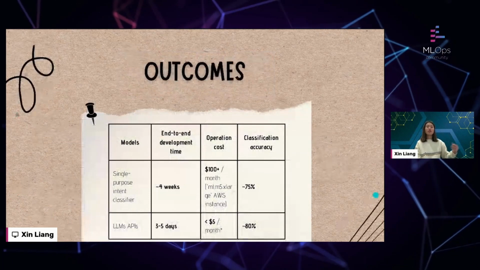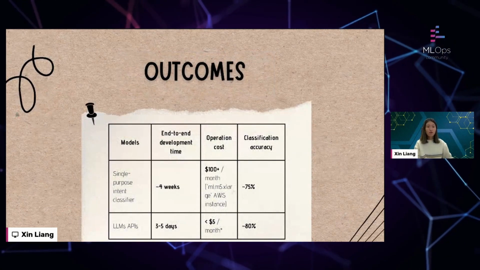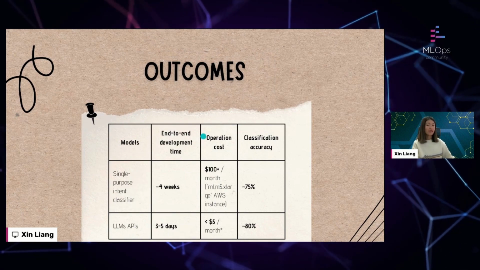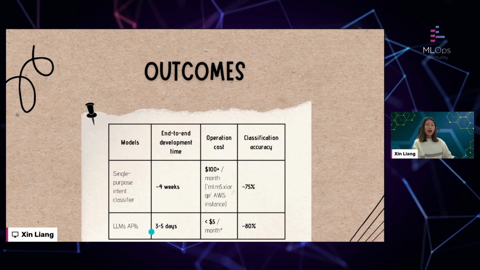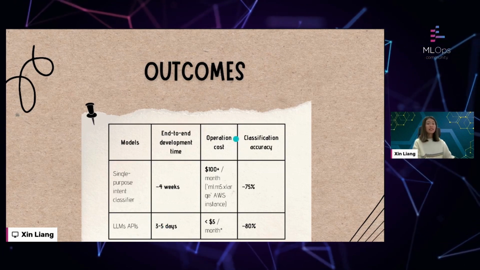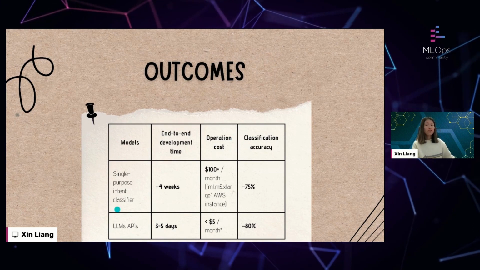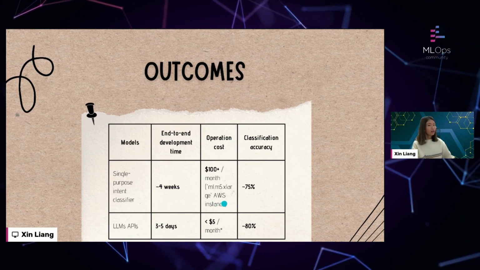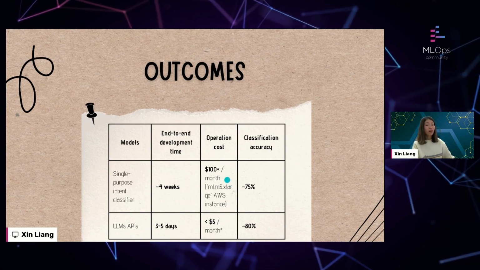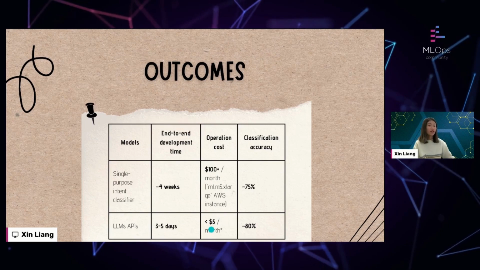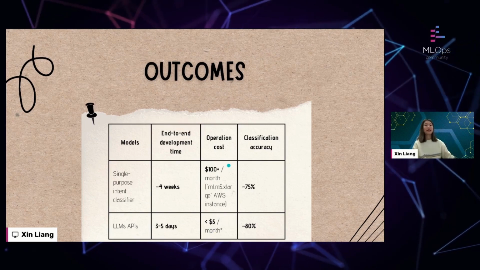And this is the overview of the operational effort for both approaches. For the single purpose intent classifier, end-to-end development time is 4 weeks, and that of LLM's APIs is about 3 to 5 days. In terms of operation cost, the single purpose intent classifier costs about $100 per month, while that of the LLM's APIs is roughly less than $5 per month in our case study.